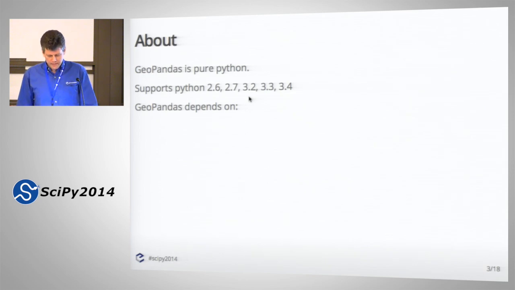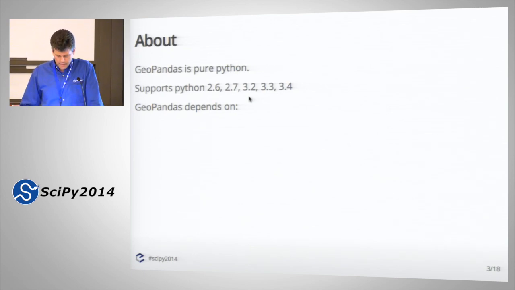That's a big caveat, as many of you know, but we're working on those kinds of things. We support basically Python 2.6 and up. So it fully supports Python 3 now. It's running continuous integration tests up to 3.4, and it's a single code base that supports Python 2 and 3, and I'd like to keep it that way.